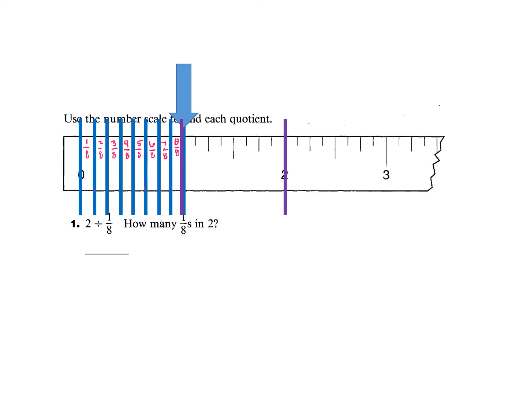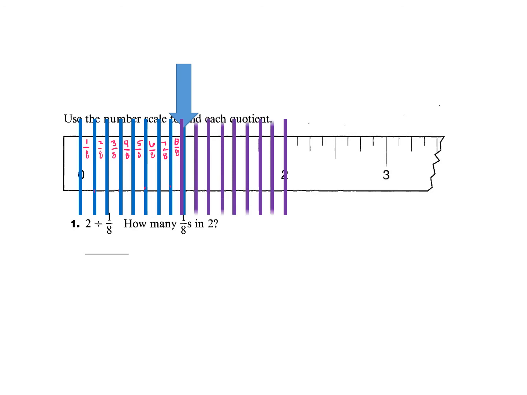We would do the same thing. Half would be 2 parts. Half of a half would give us 4, and then 8. So we have another 8 sections. So here we'd have 8/8.